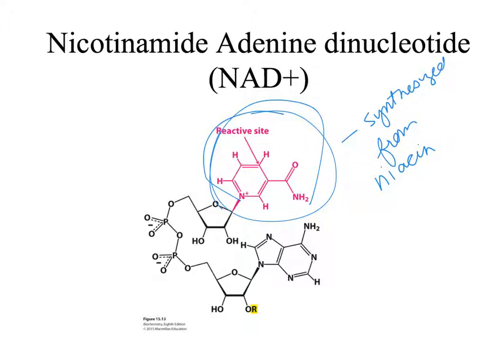The nicotinamide ring of NAD+ accepts a hydrogen ion and two electrons, and when it does so, it becomes NADH. So NAD+ serves as an electron acceptor in many reactions.